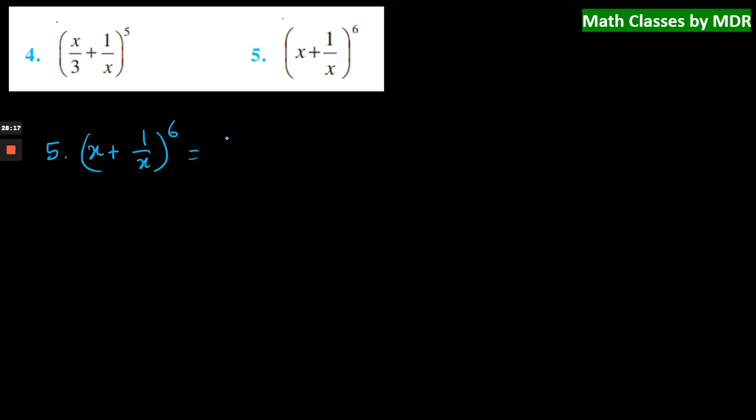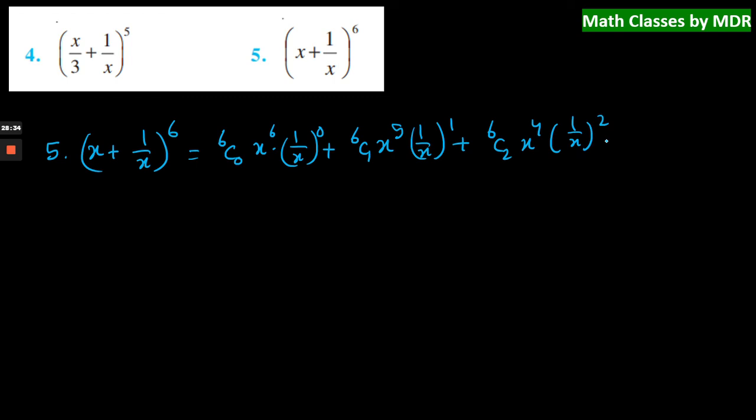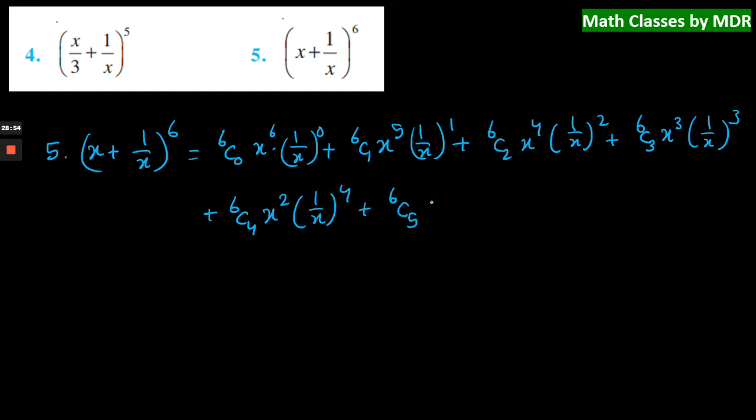So now let us write quickly. 6C0 x^6 (1/x)^0 plus 6C1 x^5 (1/x)^1 plus 6C2 x^4 (1/x)^2 plus 6C3 x^(6-3) (1/x)^3 plus 6C4 x^2 (1/x)^4 plus 6C5 x^1 (1/x)^5 plus 6C6 x^0 (1/x)^6.